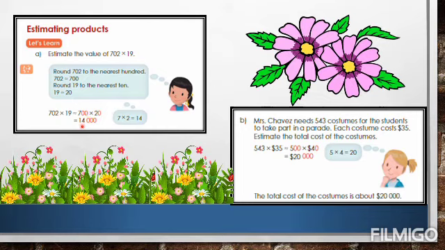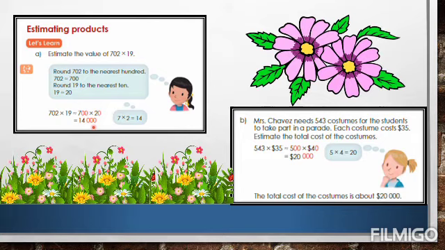After multiplying the non-zero digits, class, we're going to copy all the zeros from both factors. The first factor is 700, there are two zeros. And the second factor is 20, and there is one zero. So we'll copy all three zeros to your final answer. So your final answer now, class, is 14,000.